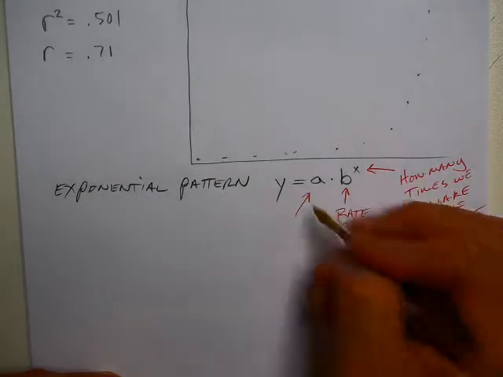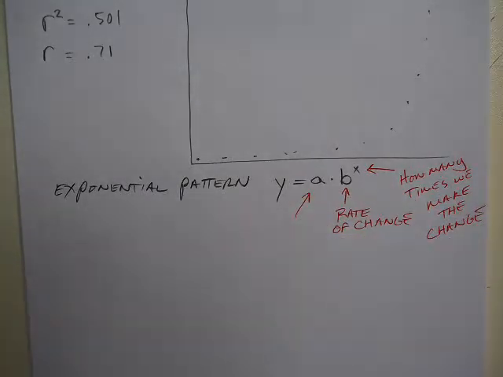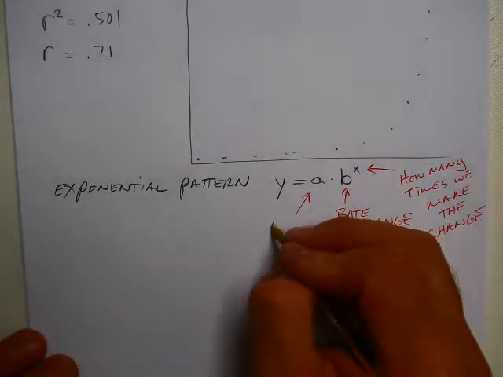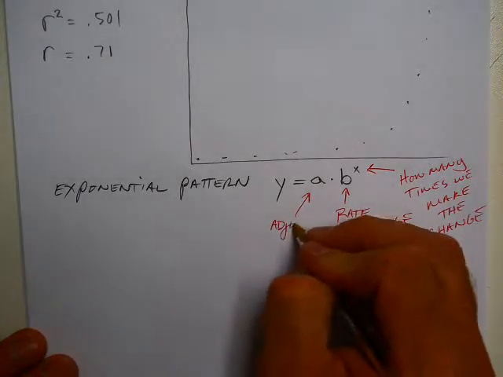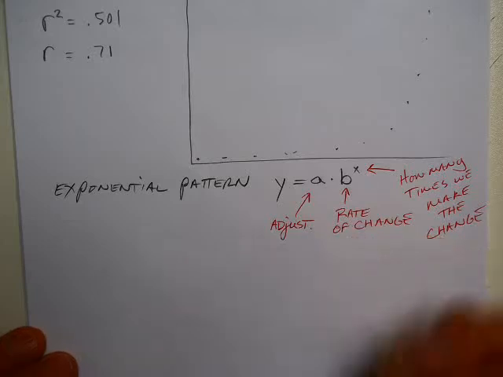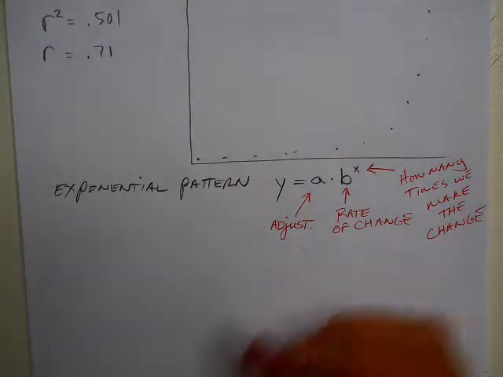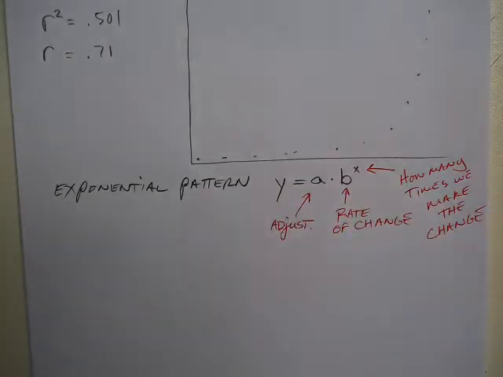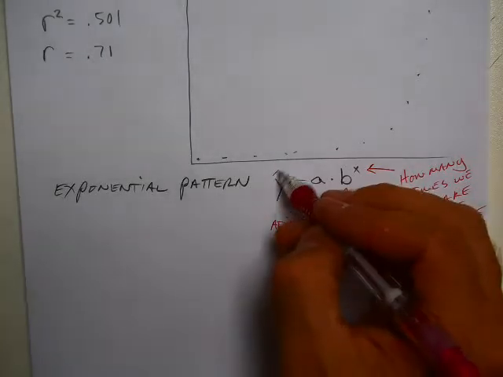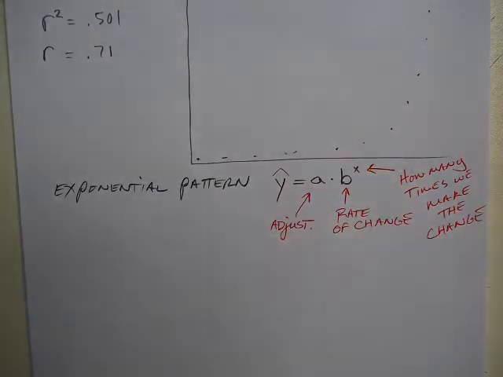And the a is an adjustment to make it all work out for us, if we're writing the equation. And keep in mind, since it's stats, this would be a y hat value, not a y value.